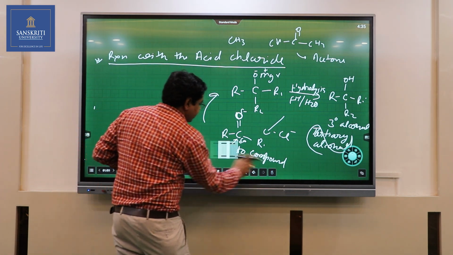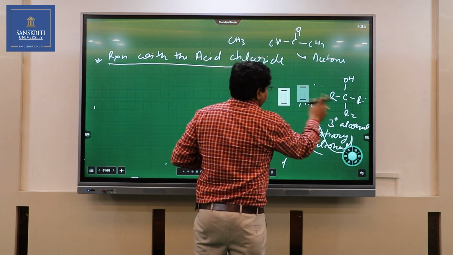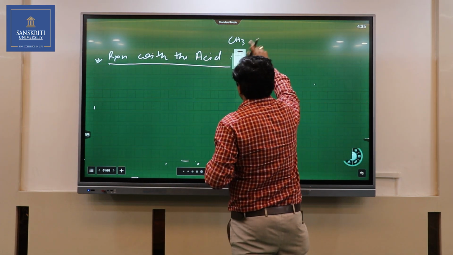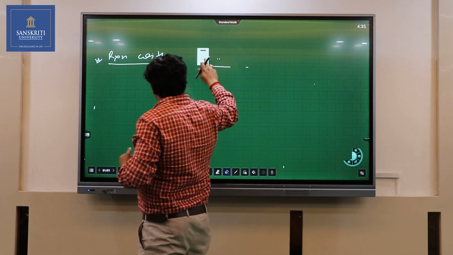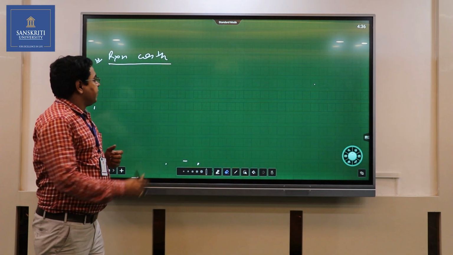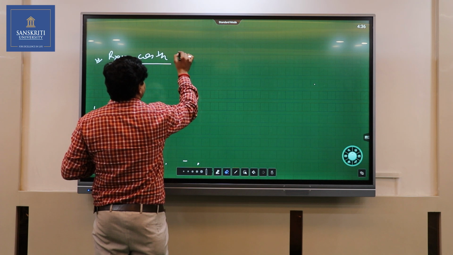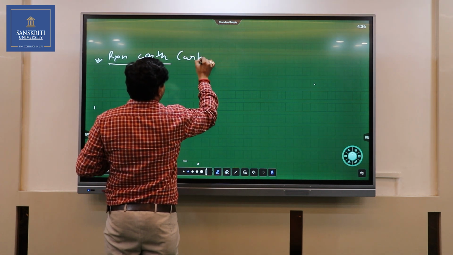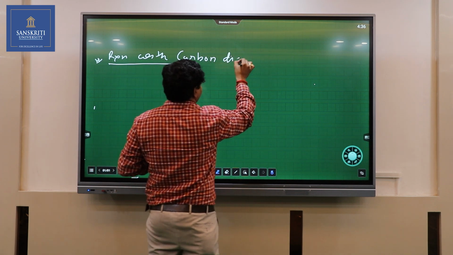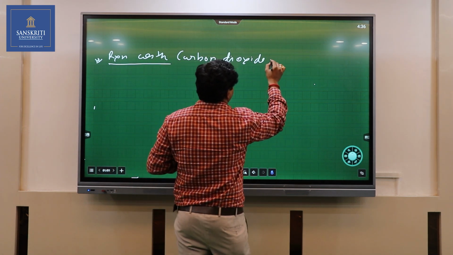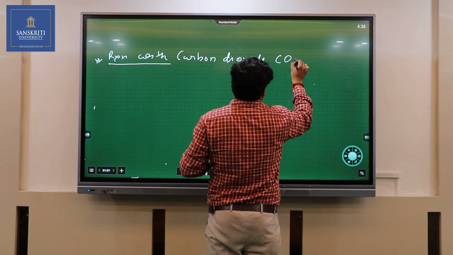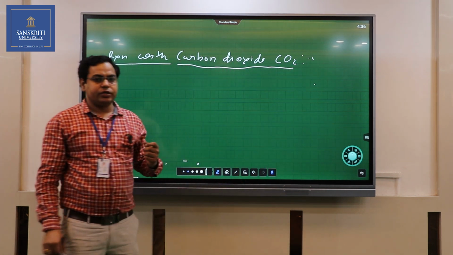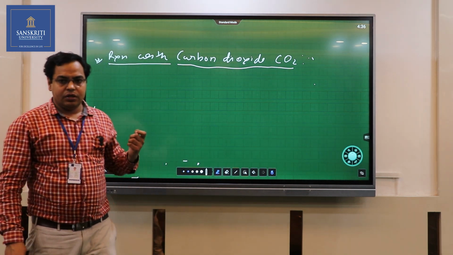Next, Grignard reagents react with other compounds like carbon dioxide. How is the reaction with carbon dioxide, CO2, possible with the Grignard reagent?